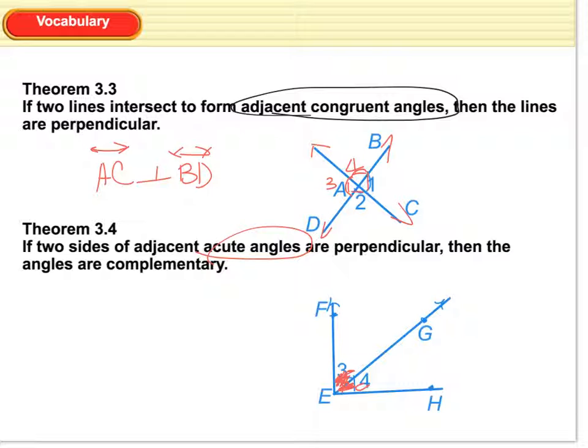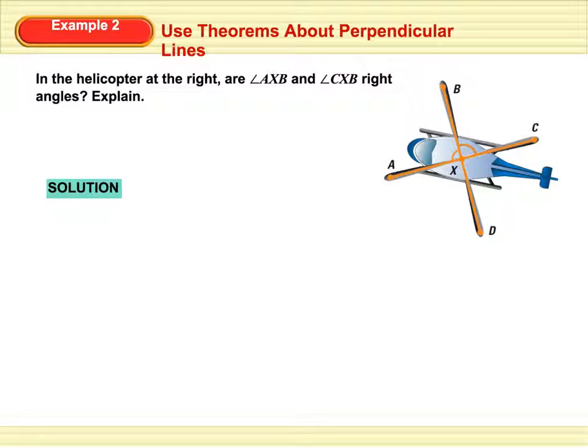And if the two lines, meaning EF and EH, are perpendicular, then angle 3 and angle 4, if you add these two angles together, they should be complementary, meaning they should be 90 degrees. We'll go over that theorem in class.